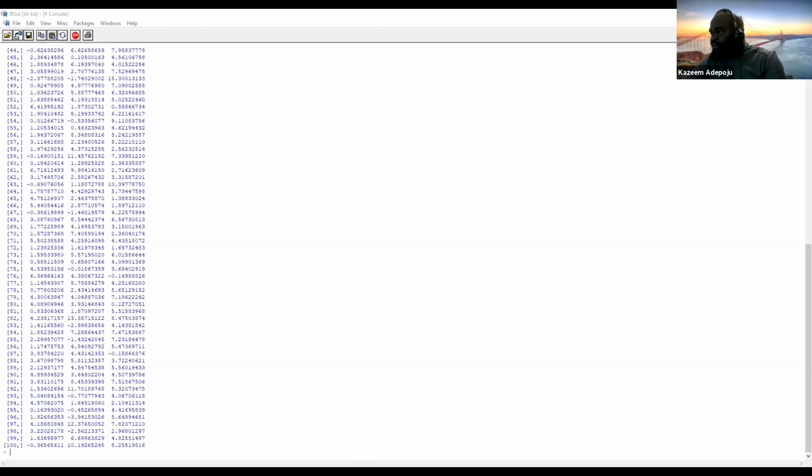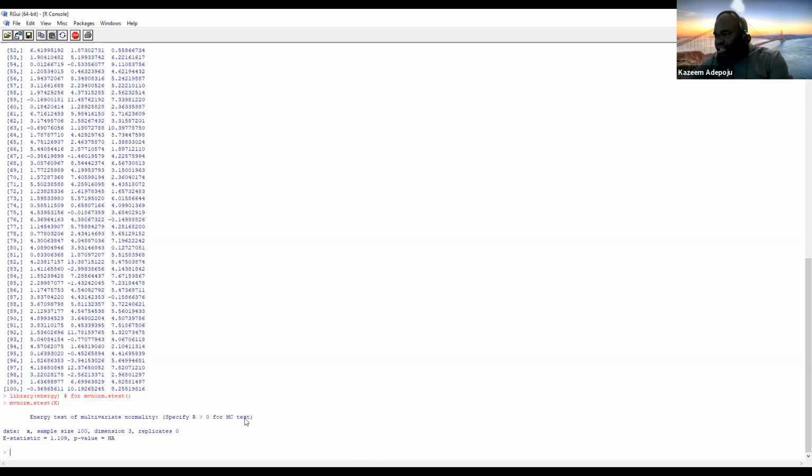So I'm going to copy that into R, and you are going to see what I'm talking about. Okay, I've copied that into R. Like I said, if I want to have access to the energy test, I actually need to load a package called energy, which I've already loaded right here.